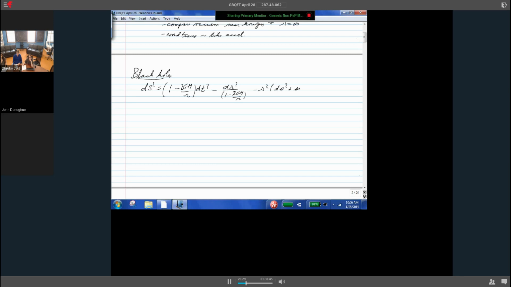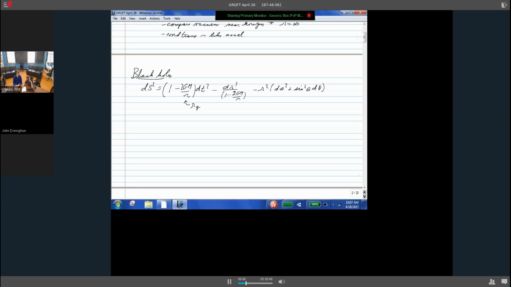The Schwarzschild metric, in usual coordinates, is (1 − 2GM/r) dt² − dr²/(1 − 2GM/r) − r² dθ² plus the angular part.